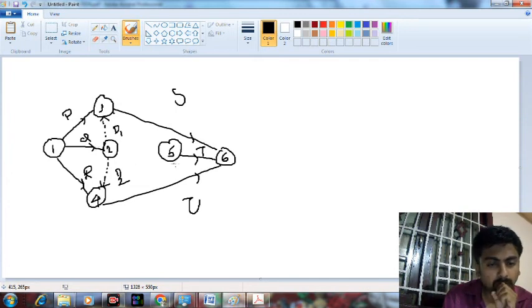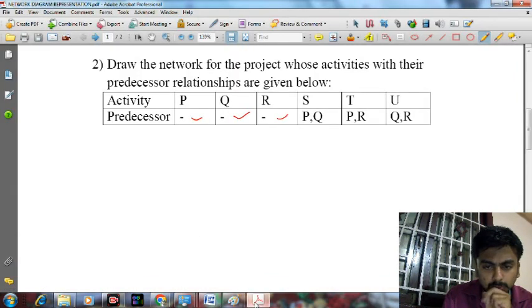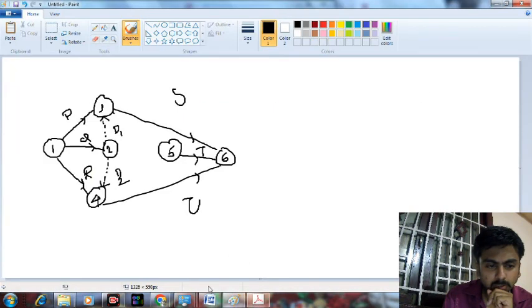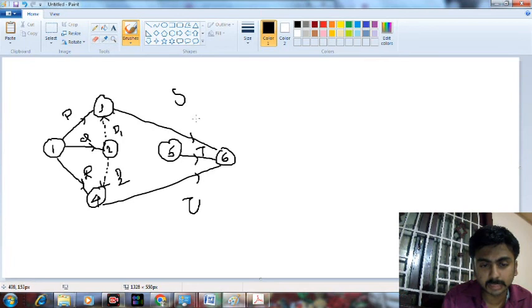But T, what about T? You have to think about T. T has predecessors P and R. So I am not supposed to connect two different nodes with two different activities and represent them by the same name.